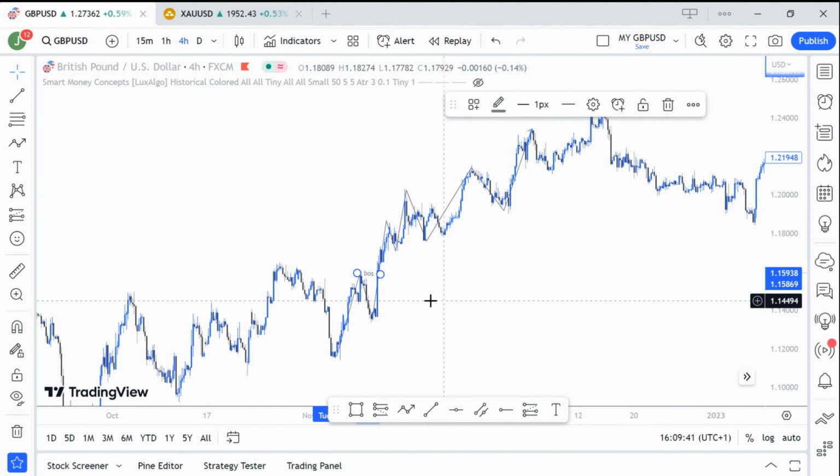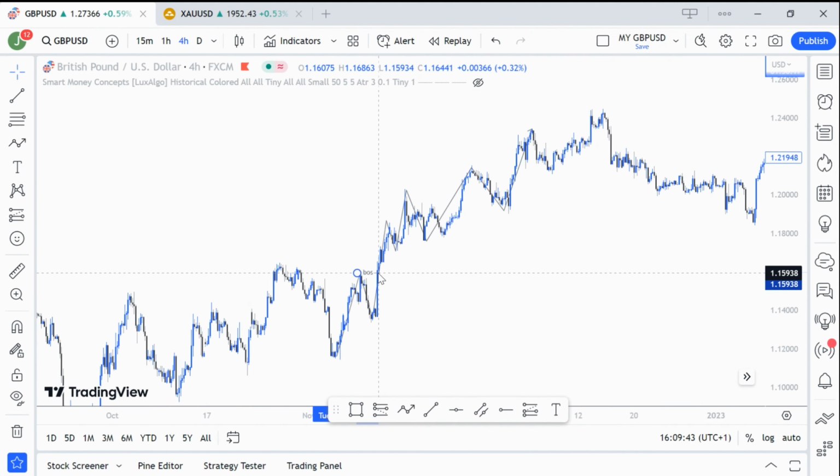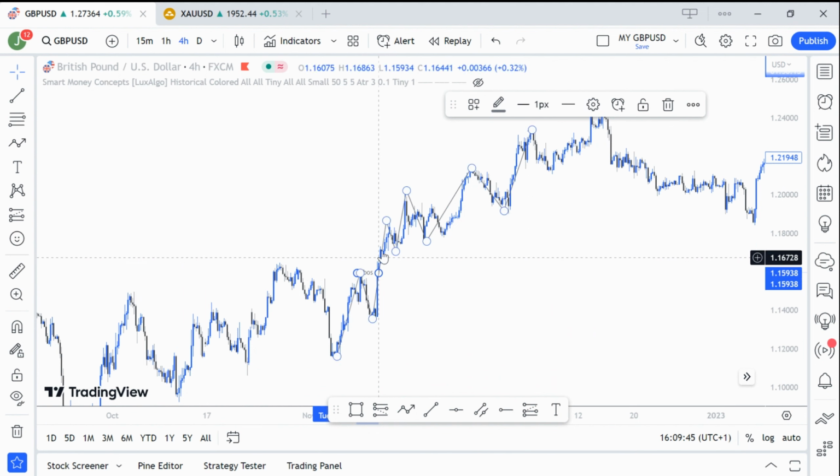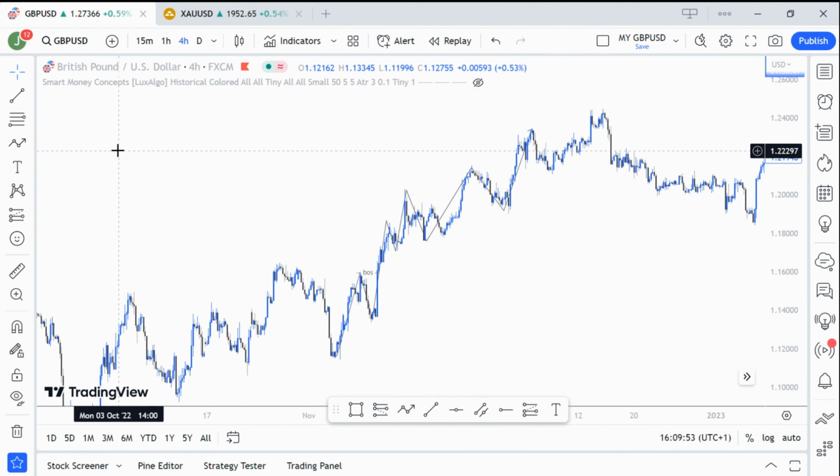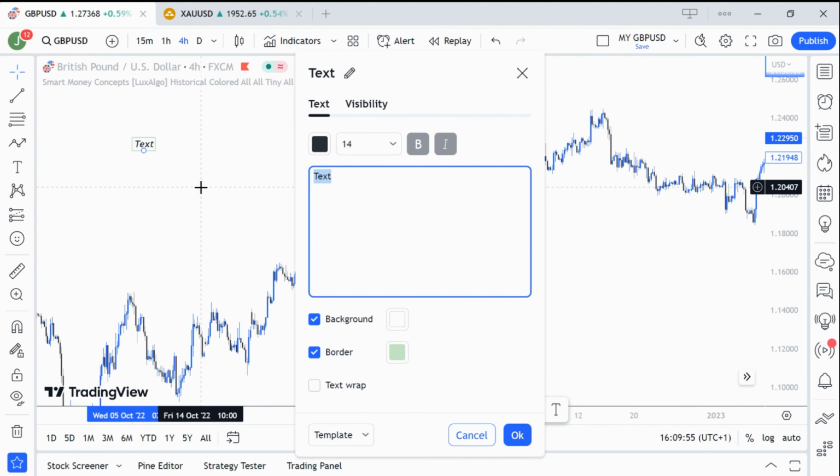So an uptrend must consist of a break of structure to the upper side. Then you can call it an uptrend. Remember, an uptrend consists of higher highs and higher lows.